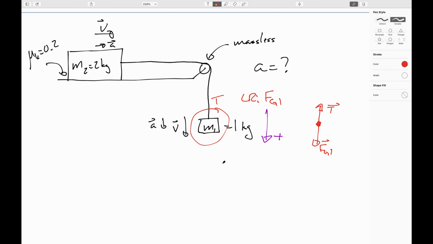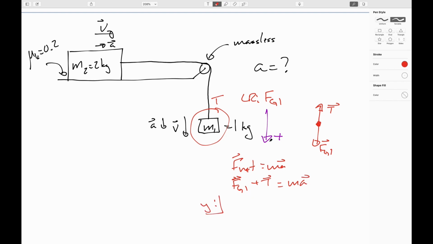This is going to give us, if we say F net equals MA, FG1 plus T equals MA. We'll take the Y component of it.